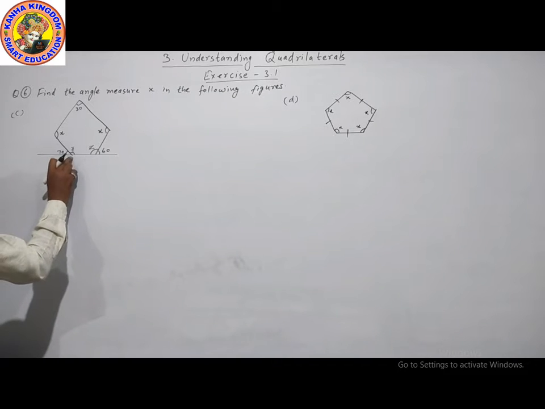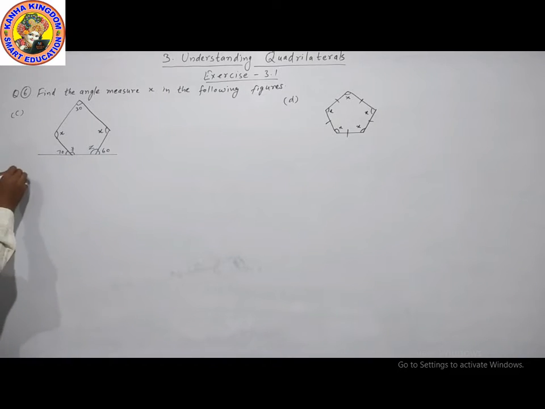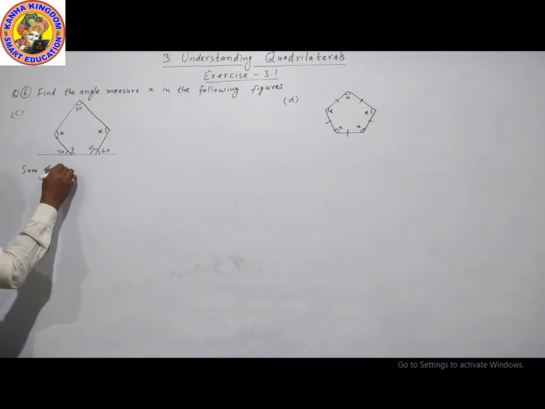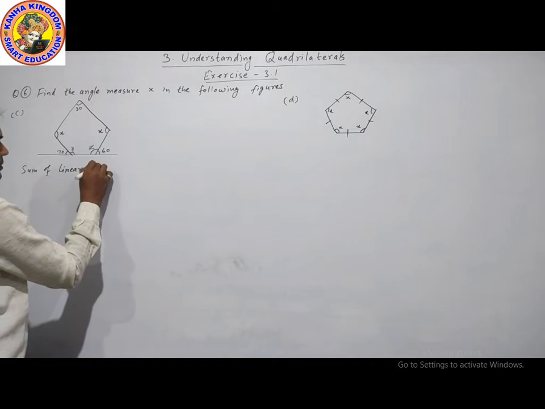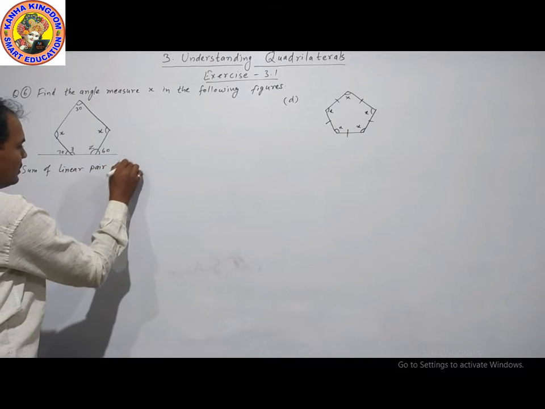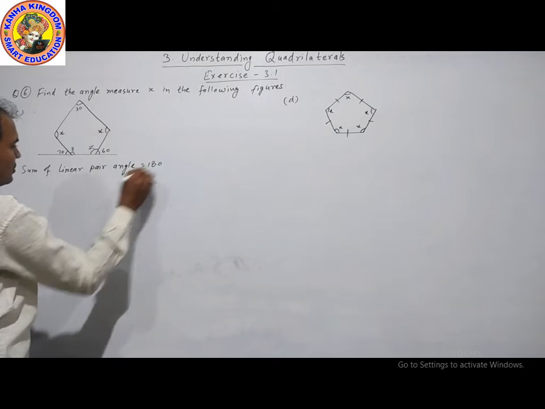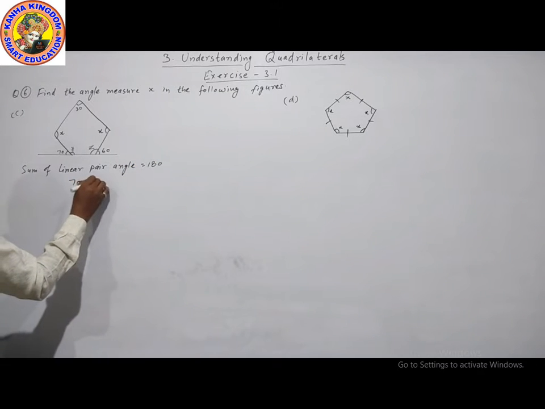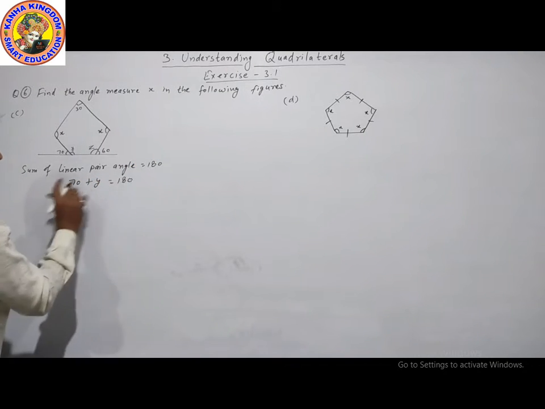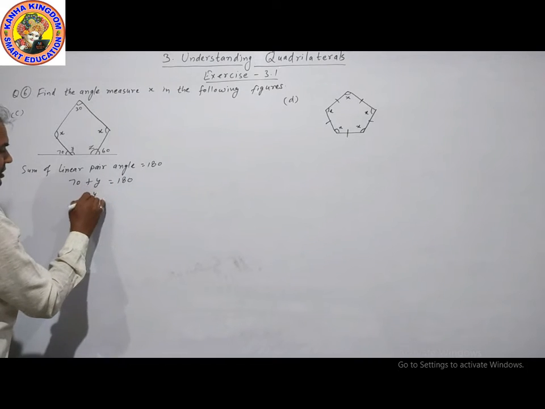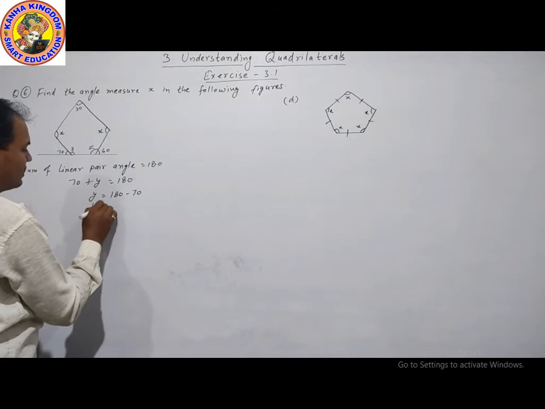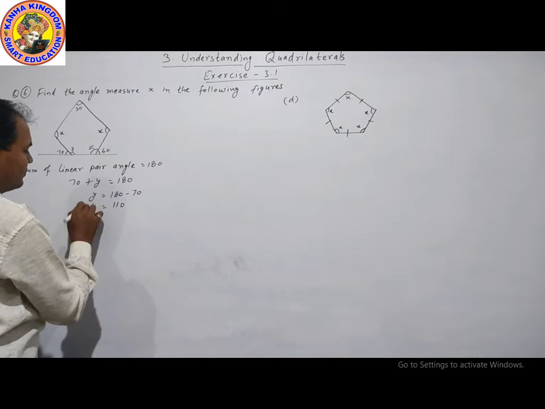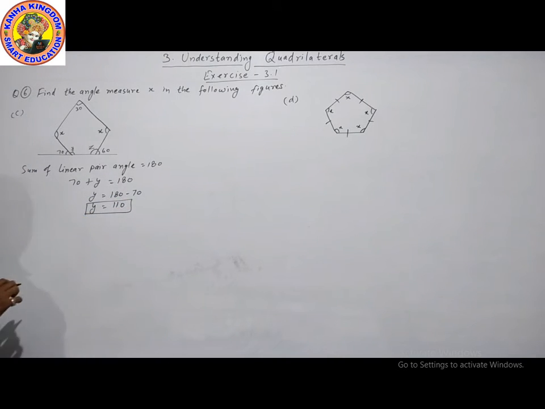Y, at this point, this is a linear pair angle. Sum of linear pair angle is 180. So 70 plus y is equal to 180. Transposing 70, y is equal to 180 minus 70. The y is 110. We find the value of y.